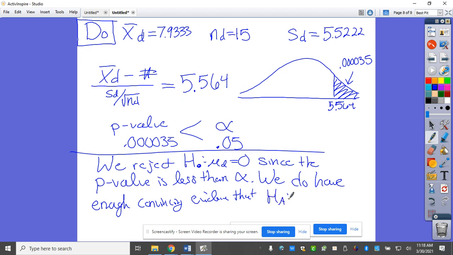Which is, and that's all you have to write for your conclusion.